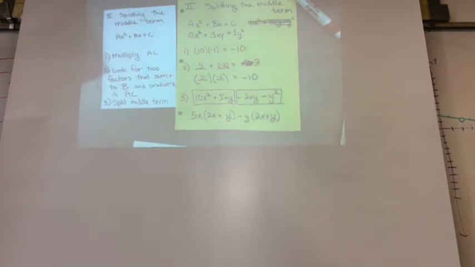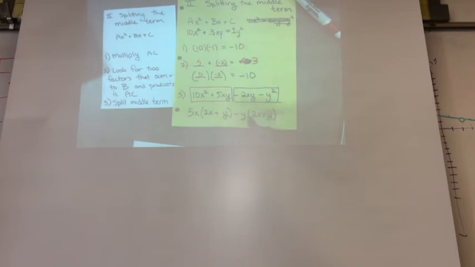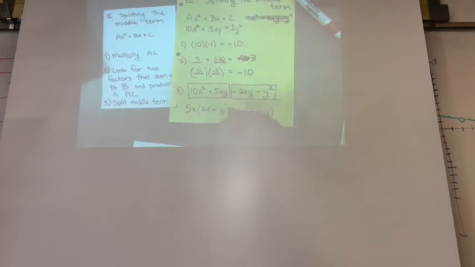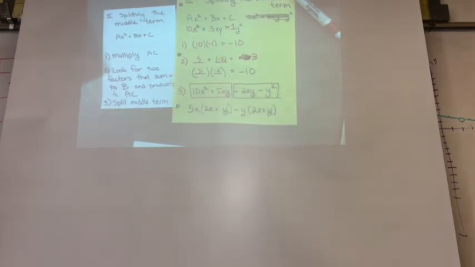Okay? Now, I'm one step away. What I need to realize is that I have the same binomial right here, 2x plus y. So really what I have is 5x minus y, and I'm going to take those two pieces times 2x plus y. And that is actually our answer at the end.